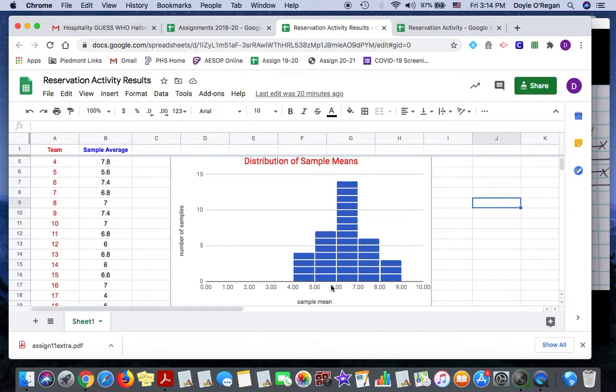Now remember, the group average is 5.5. Notice how most of our samples came in over 5.5. This suggests that there might be some bias in the method. Anytime you have samples where most of them are over-predicting or most of them are under-predicting the parameter, in this case 5.5, it's an indication that you might have some bias in the process.